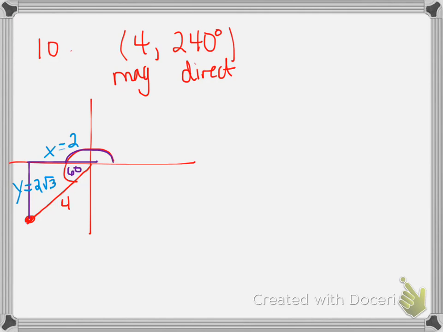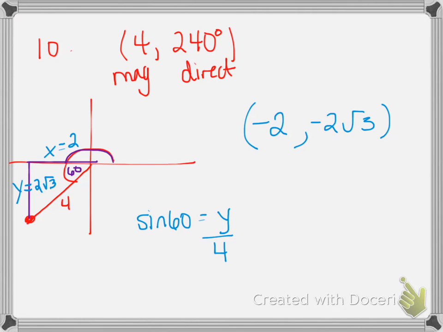If you don't know that, you could do sine of 60 equals opposite, which is the y, over 4, and then cross multiply and solve for y to get that. But again, if you know the special triangles, it does make it easier. So your point is (negative 2, negative 2 square root of 3). So you find those two sides, but then you do positive or negative depending on if you're going left or right or up or down.